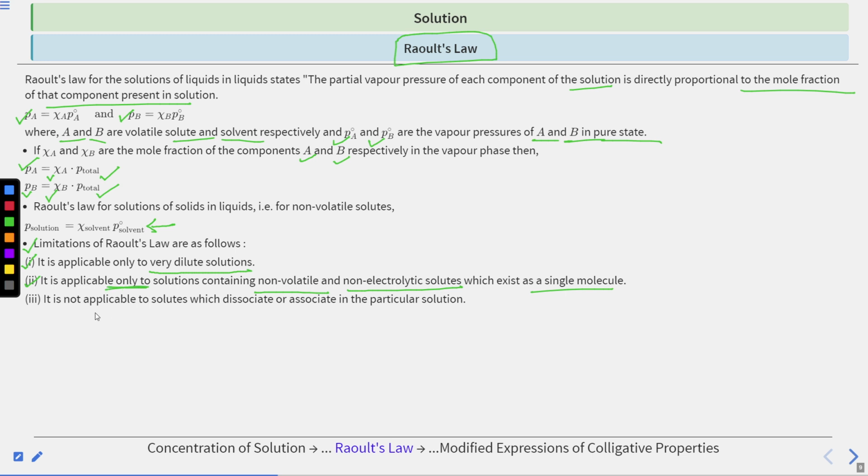Okay, only is important. Third is, it is not applicable to solutes which dissociate or associate in the particular solution. So like ionic compounds, or these kinds of solutes which on dissolving in the solution dissociate or associate, the Raoult's law will not be applicable to that kind of solution.